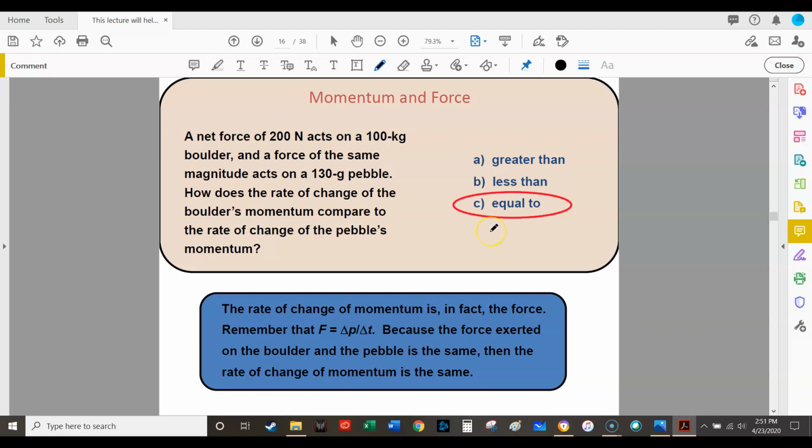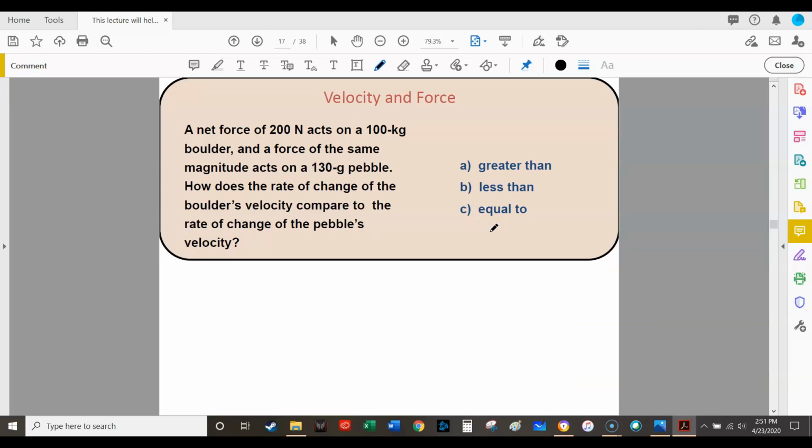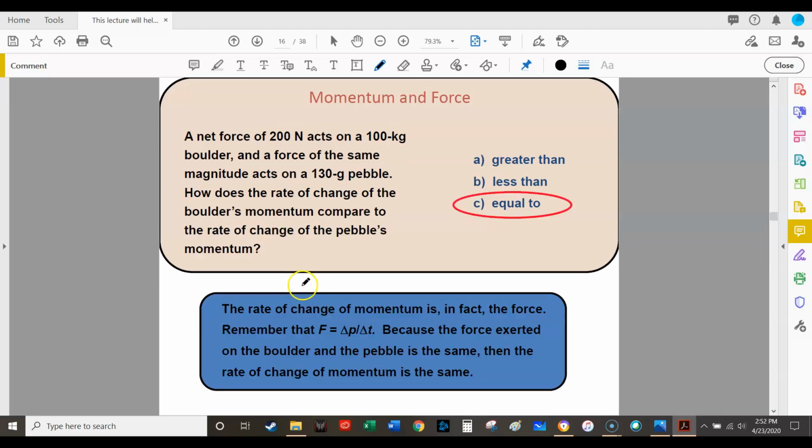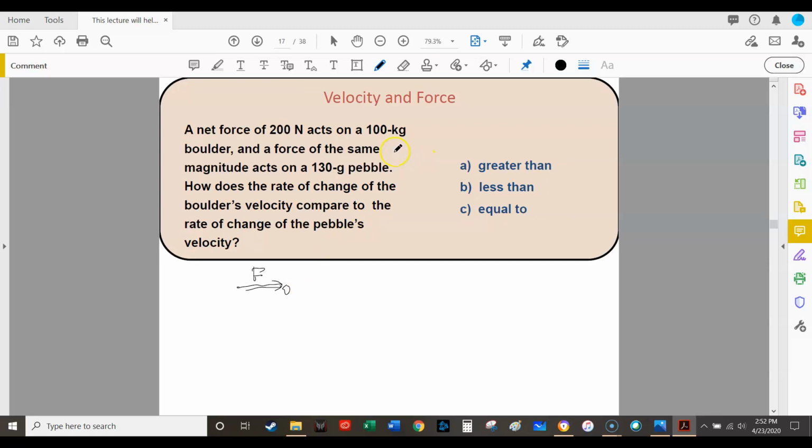It was correct. Cool. Well, now here's the same problem, but now what they're saying is compare the two guys' velocities. Okay, so the same force, again, I'm going to redraw this. You have a little pebble with a force of 200 newtons being applied to it, and that pebble's mass, again, is 0.13 kilograms.